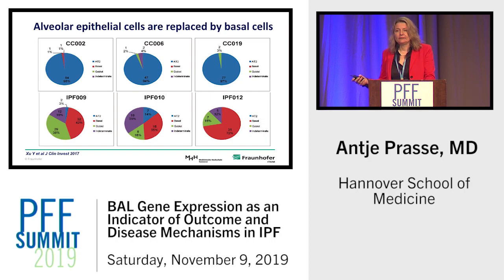And as already mentioned before, single-cell data also support this, that there is an accumulation of airway basal cells in IPF tissues. So this is the Wit group paper showing that the type 2 cells and the type 1 cells are replaced by basal cells and other airway epithelial cell types.